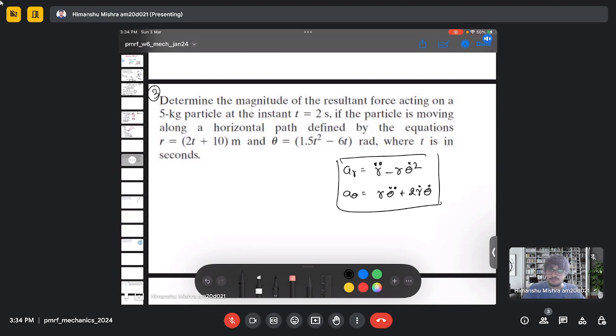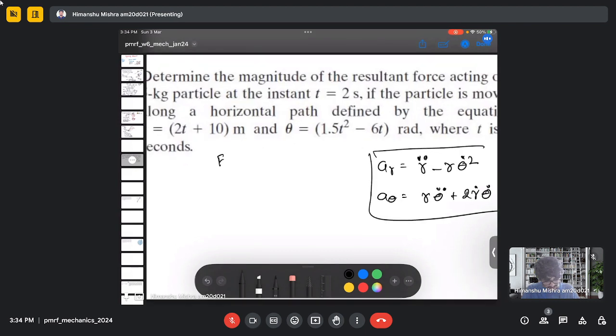The particle is moving along a horizontal path defined by the equation r equals 2t plus 10 meters and theta equals 1.5 t square minus 6t radians, where t is time in seconds. We need to determine the resultant force, which is given by the square root of Fr square plus F theta square.